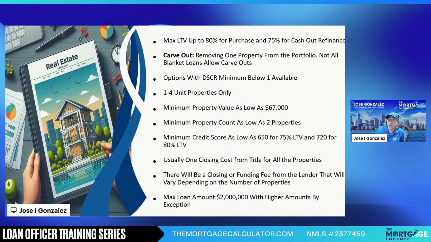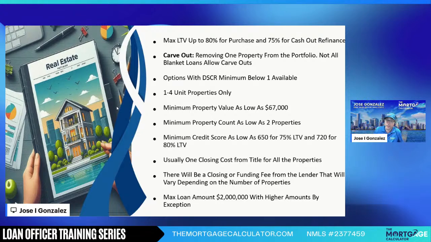But there will be a closing or a funding fee that will vary depending on the number of properties. So the savings from only one closing cost from title and only one underwriting fee for the one loan will be offset to some extent by this additional closing or funding fee that will be based on the number of properties. So it doesn't mean it'll be charged 10 times.